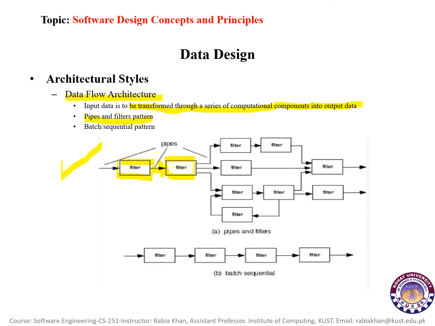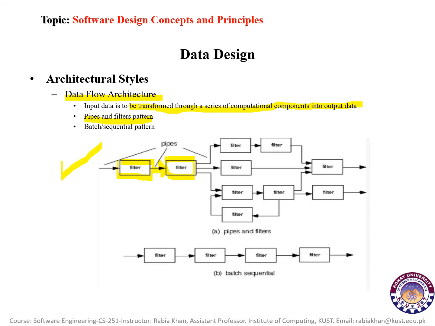Every filter works independently of the components upstream and downstream, and is designed to expect data input of a certain form and produce data output of some specified form. However, the filter does not require knowledge of the working of its neighboring filters.